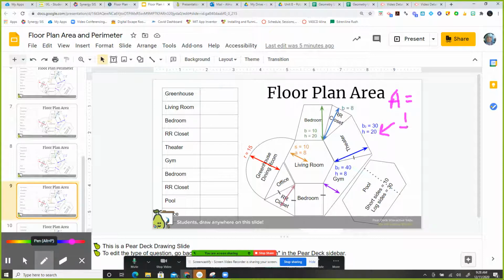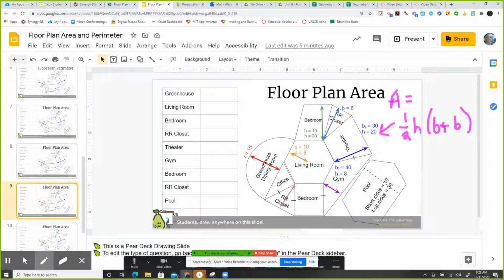So I need 1/2 times the height times the bases added together. So what's my height? 20. And what are my two bases? 10 and 30. Absolutely. So 10 plus 30 times 1/2 of 20 gives me how much?